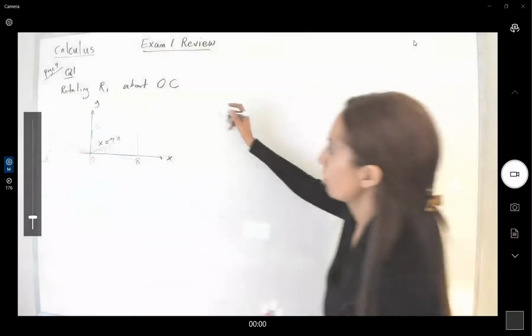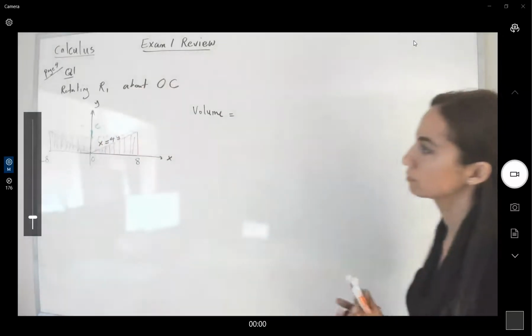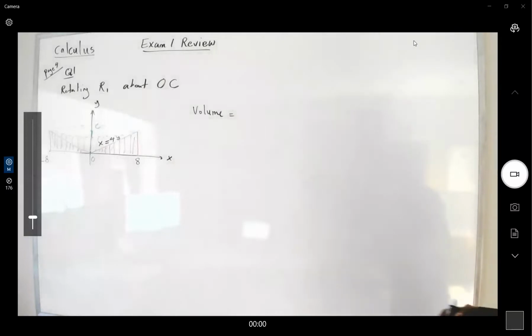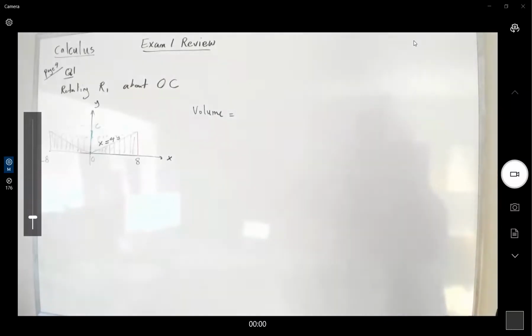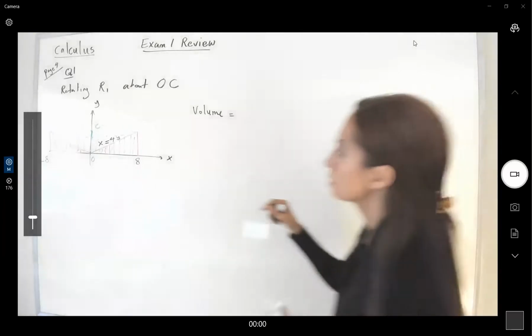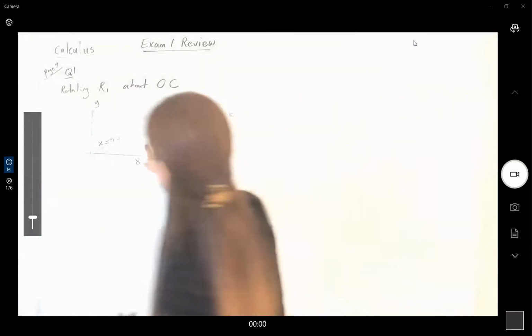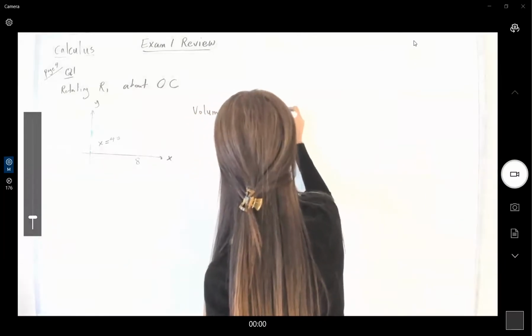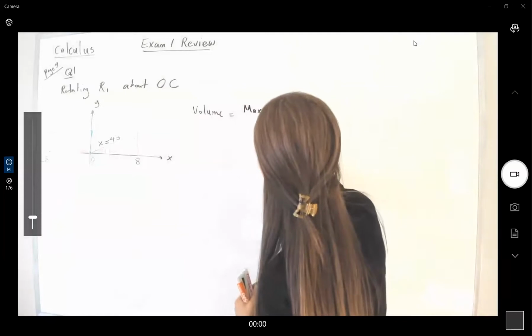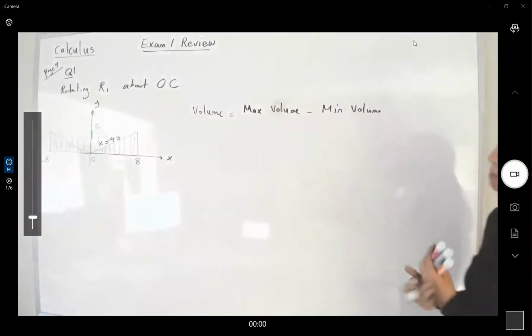So to find the volume of rotation, since we are rotating this about the y-axis, we can apply different methods. You can use the disk method, or you can use the shell method. Let us calculate the maximum volume minus the minimum volume.